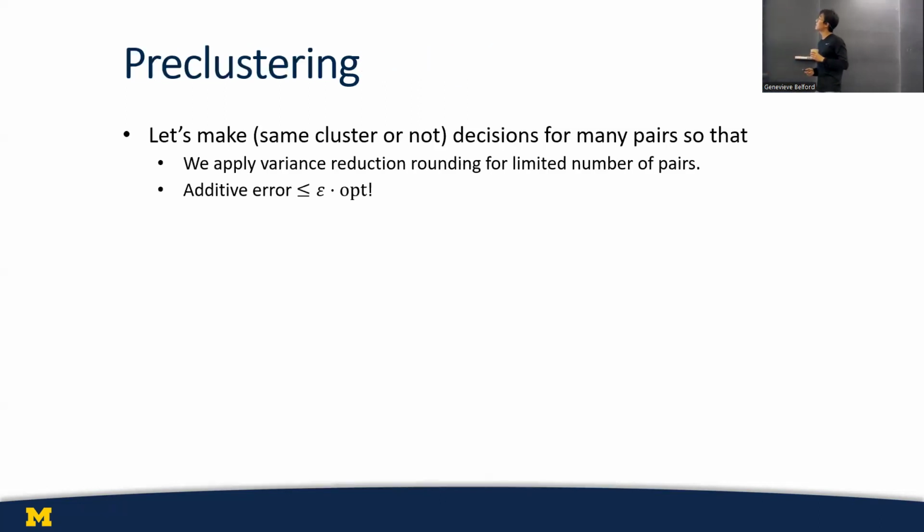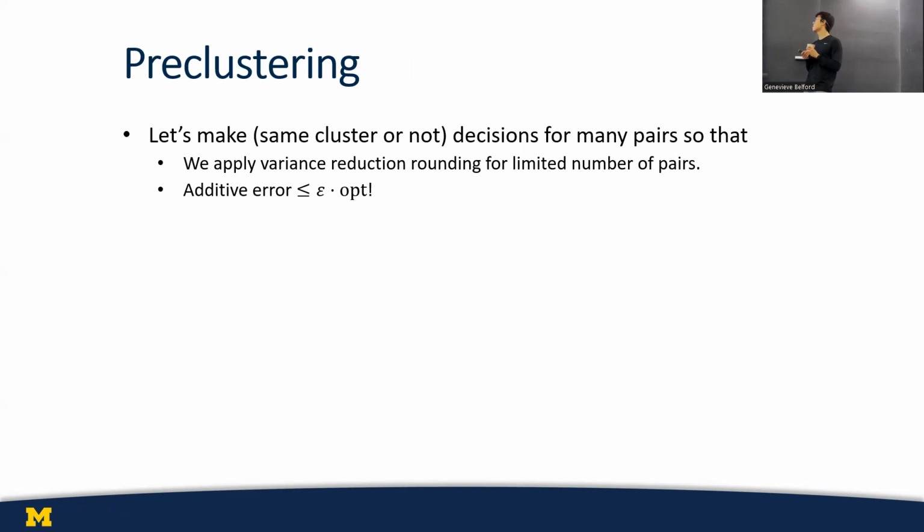So let's partially solve the problem first: fix the obvious part of the solution, such that the remaining part is not too much. Then for the remaining part of the problem, we apply the fancy rounding.